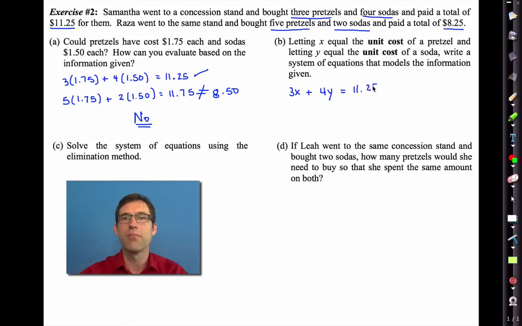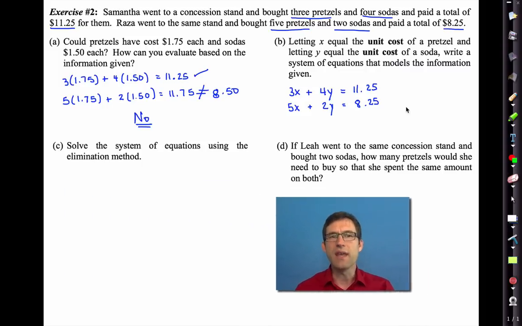So this equation models Samantha's piece of information. Raza has one that's almost identical, right? On the other hand, he bought 5 pretzels times the cost of a pretzel, plus 2 sodas times the cost of a soda, and he had to pay $8.25. So that models this physical scenario.